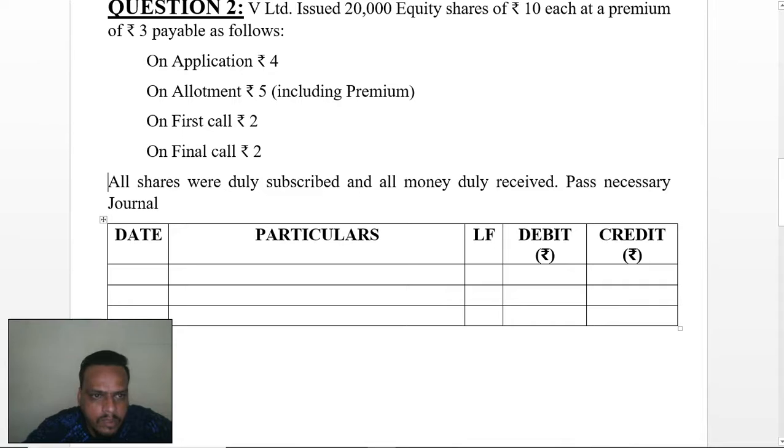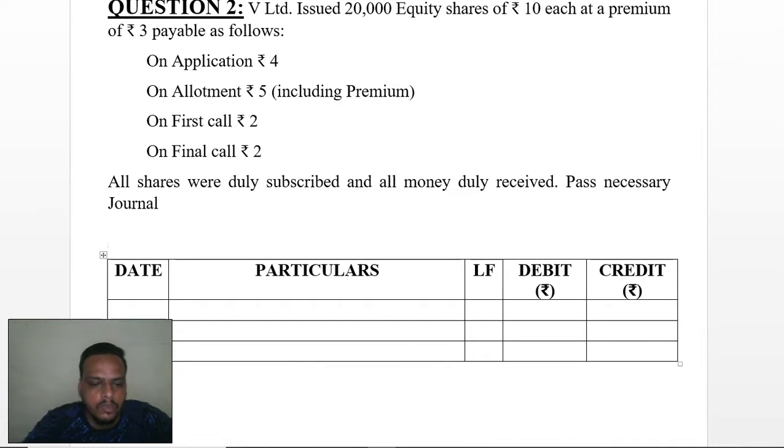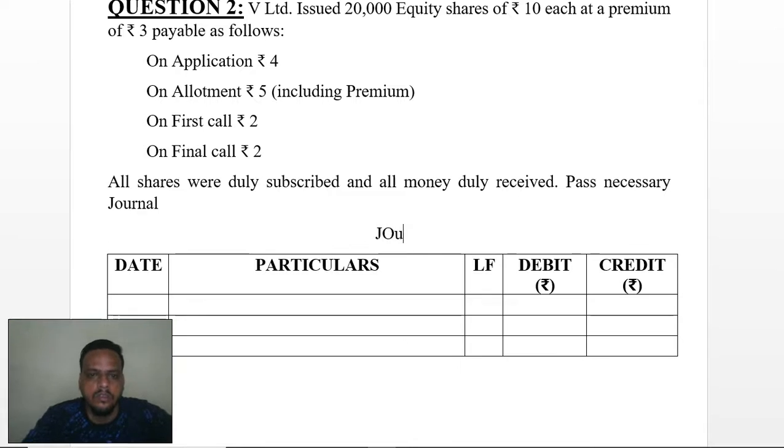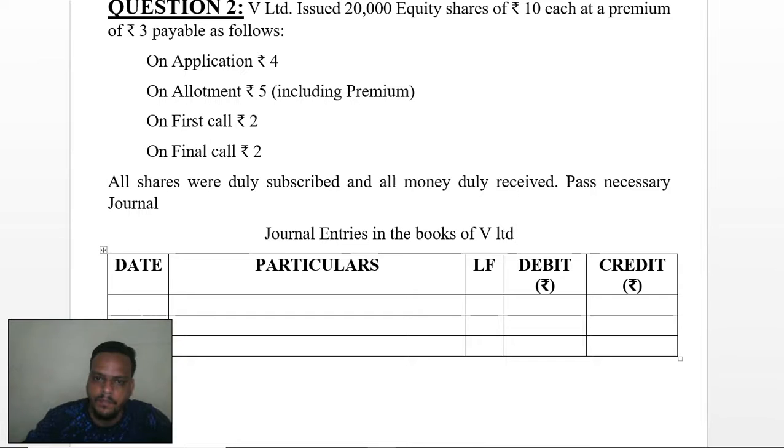So let's begin with the title as it is not mentioned here. Again we will go with the title: Journal entries in the books of V Limited.